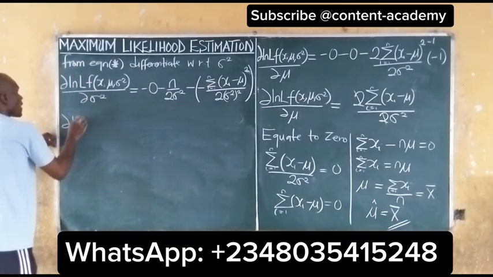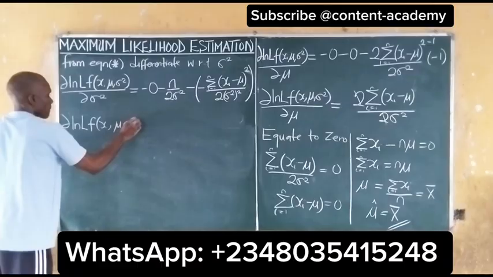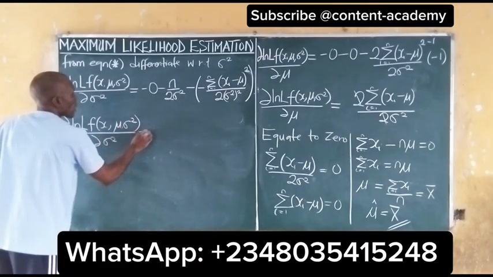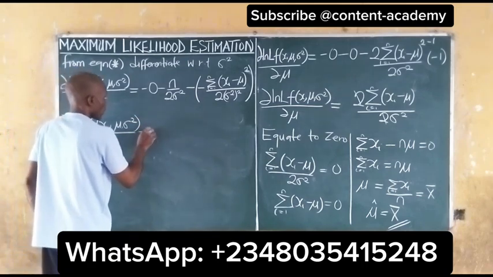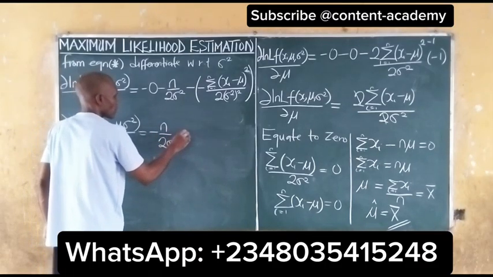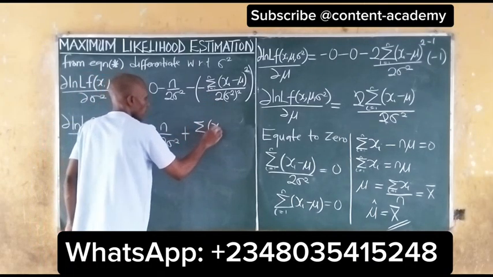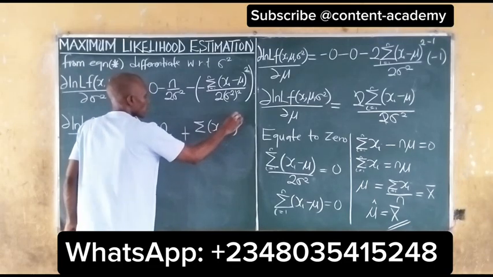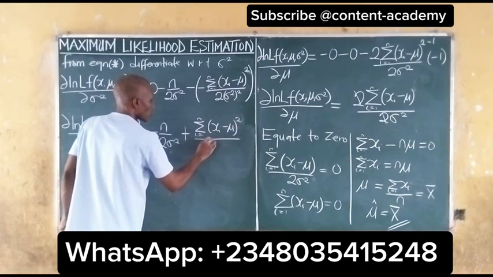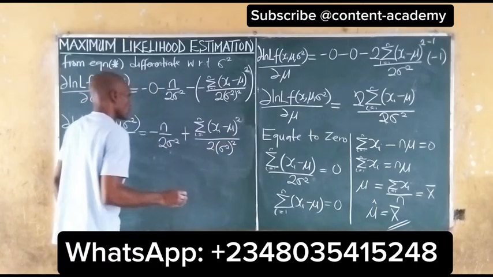That means our derivative can be written as negative n all over 2 sigma squared plus the summation of (xi minus mu) squared as i runs from 1 to n all over 2 into (sigma squared) squared.